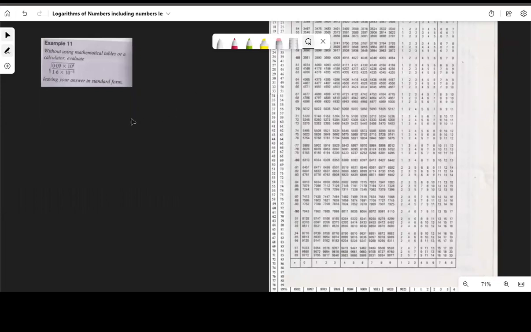It says without using mathematical tables or a calculator, evaluate the square root of 0.09 times 10 to the power of 4 divided by 1.6 times 10 to the power of negative 3.